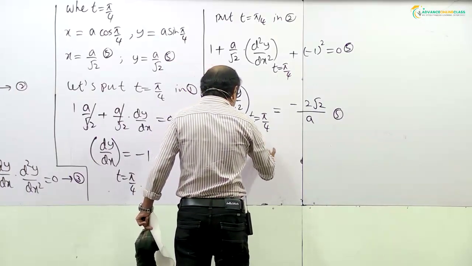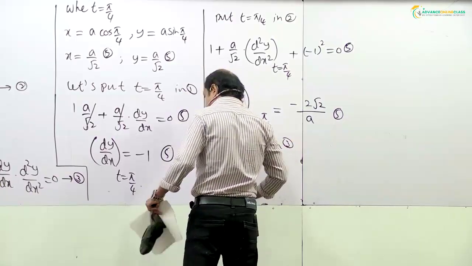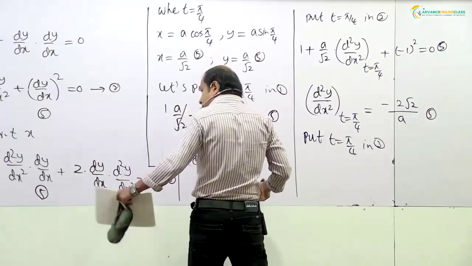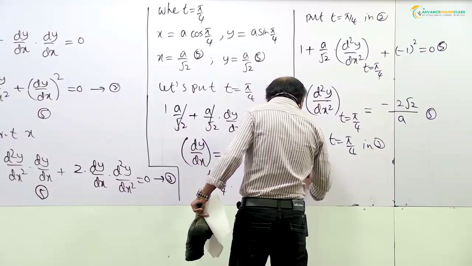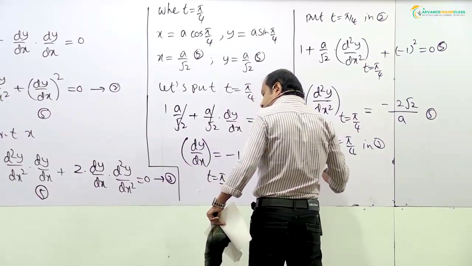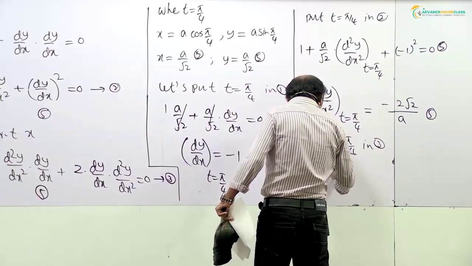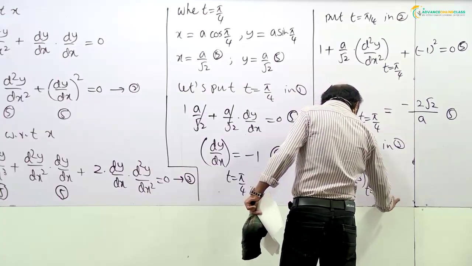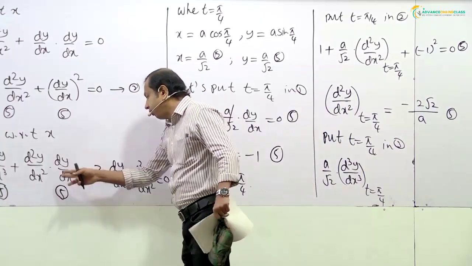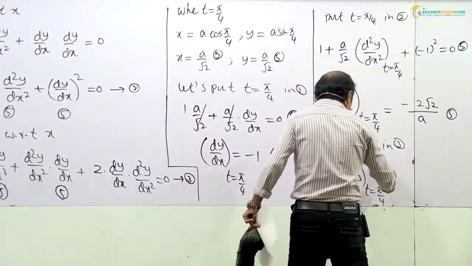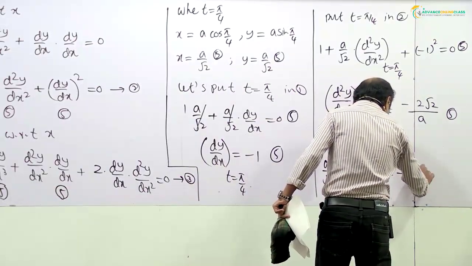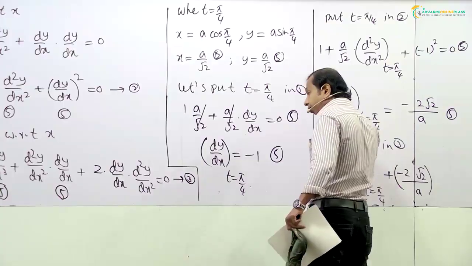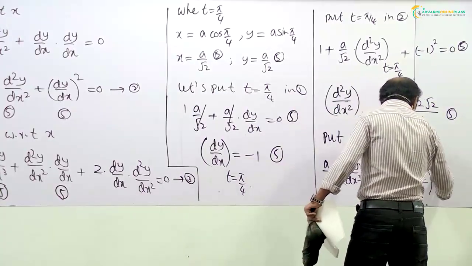Put t equals 5 by 4 in number 3. What do you get there? y is a over root 2. Third derivative, we can write like this: d3y over dx3 at t equals 5 by 4. Second derivative we found here: minus 2 root 2 divided by a is the second derivative value when t equals 5 by 4. dy by dx is minus 1.